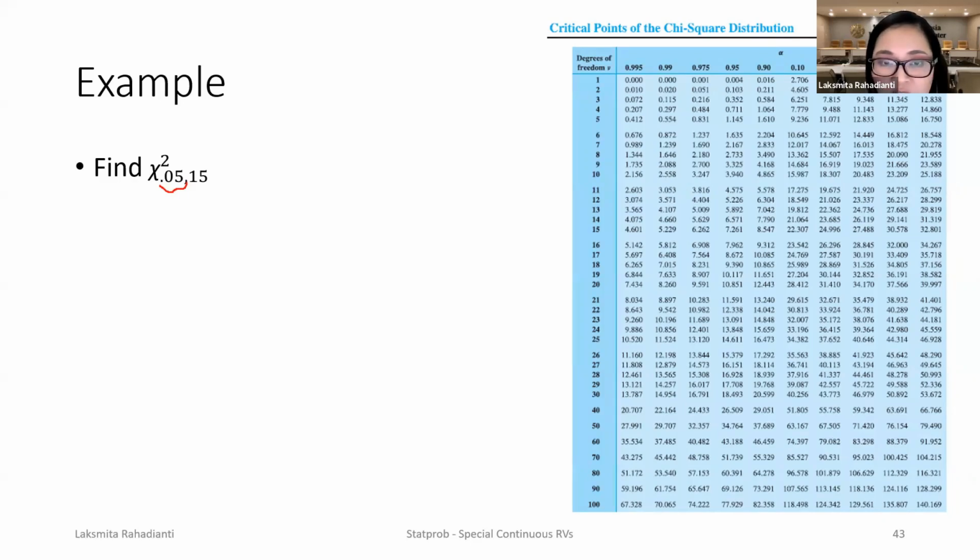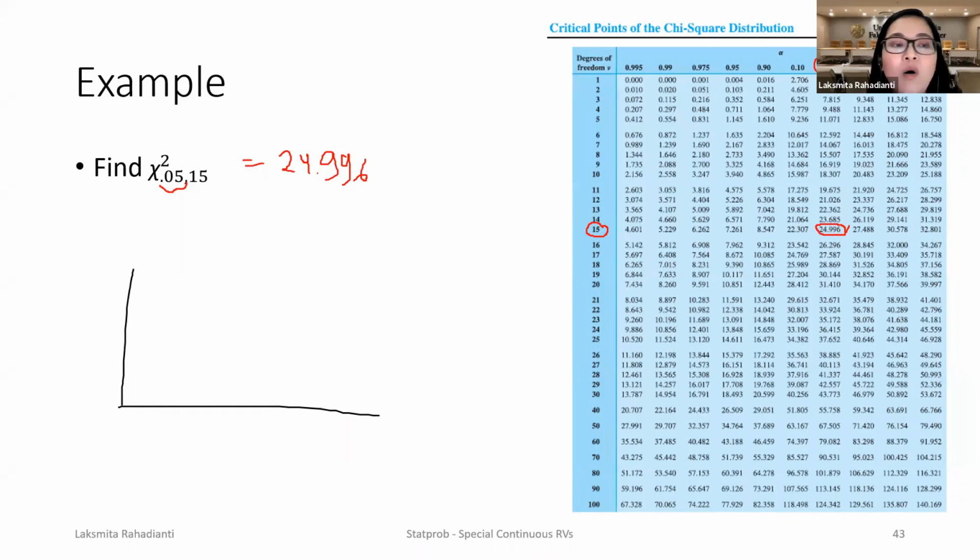Where are my degrees of freedom? It's 15, it's over here. And it's 0.05, which is your alpha here, it's over here. That means this is your critical point, which is 24.996.